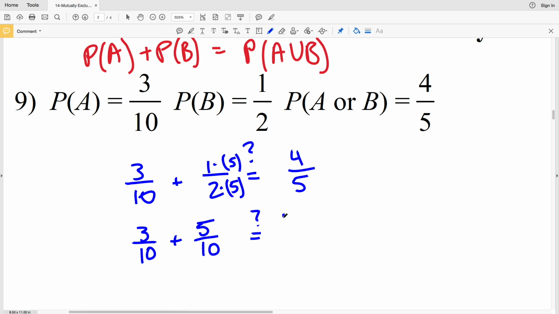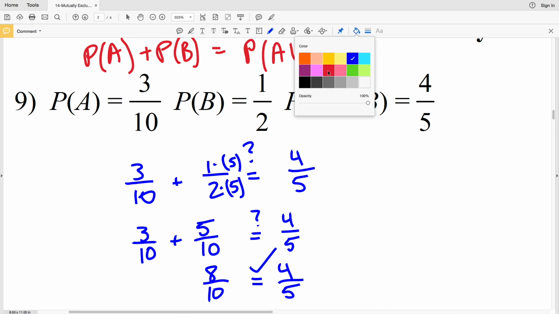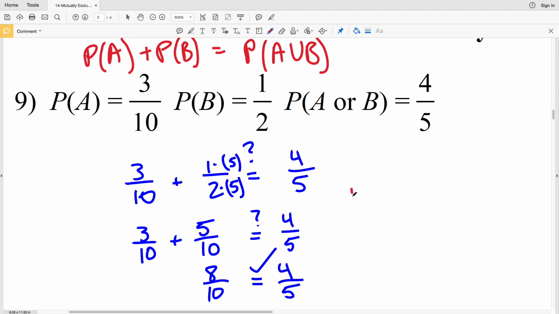Does that equal 4/5? 3/10 plus 5/10 is 8/10. And 8/10 when simplified does equal 4/5 because 8 divided by 2 is 4 and 10 divided by 2 is 5. Therefore, in number 9, events A and B are mutually exclusive.